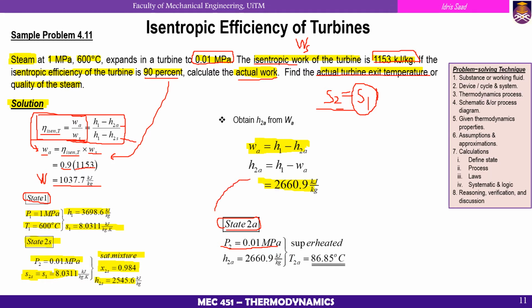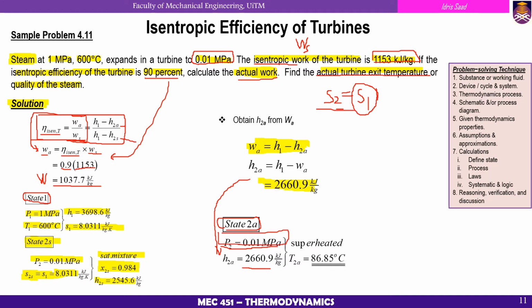So now we have H2A. H2A is equal to, by our calculation, 2660.9 kilojoule per kilogram. Based on that, we can go to table A6, superheated, at the column of 0.1 megapascal.